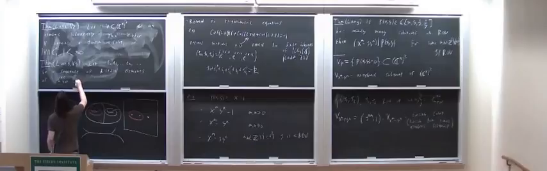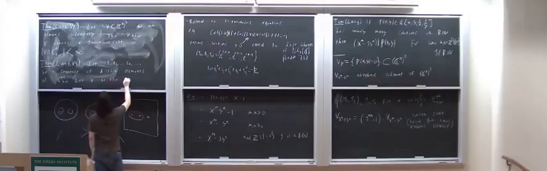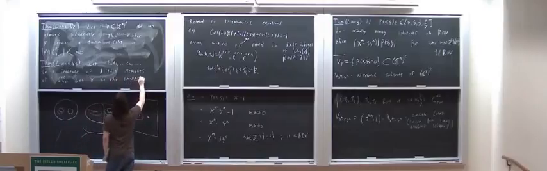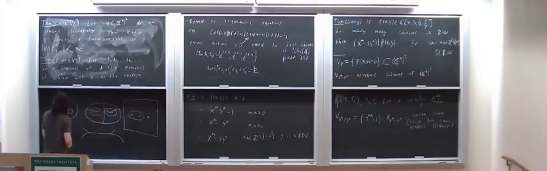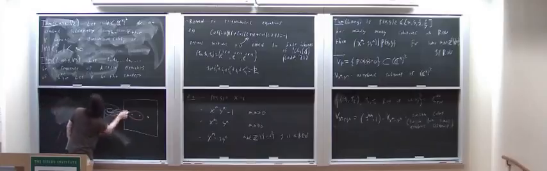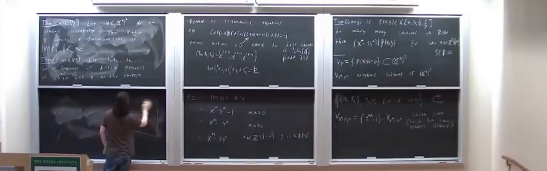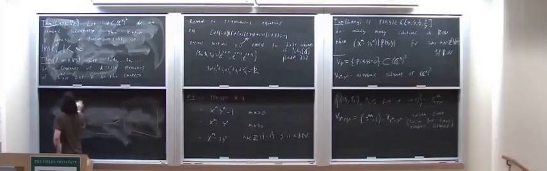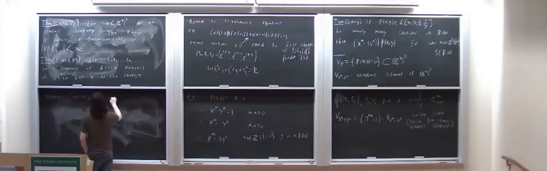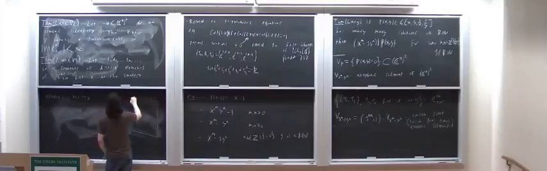And what we're going to do now is let V be the smallest algebraic variety in C star squared containing all of these guys.